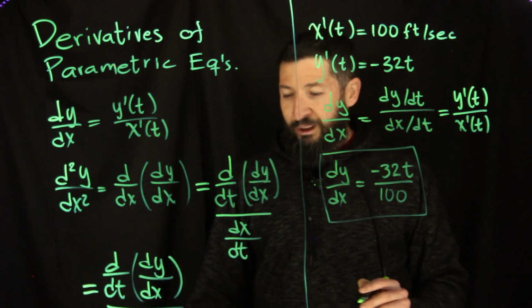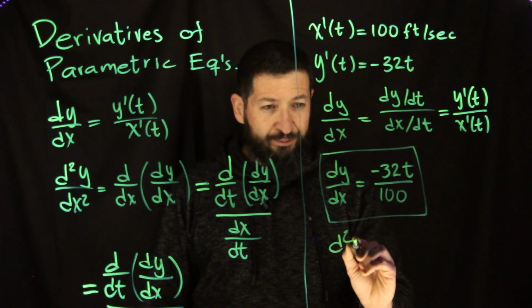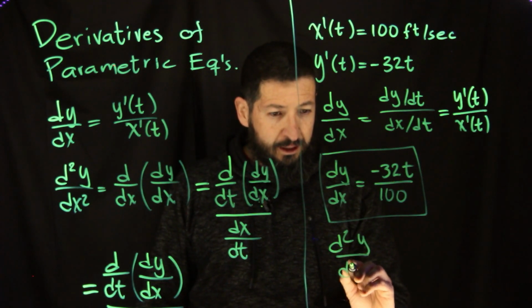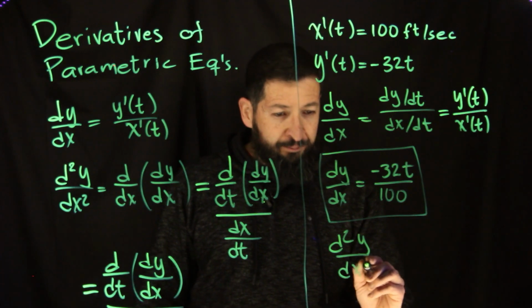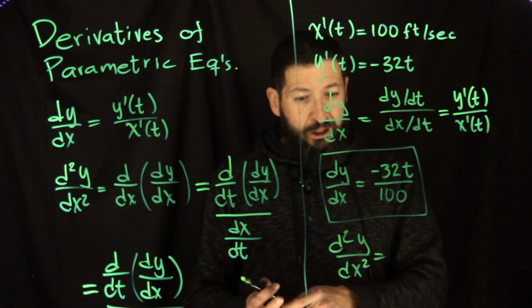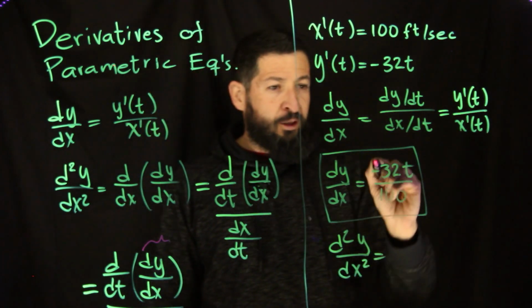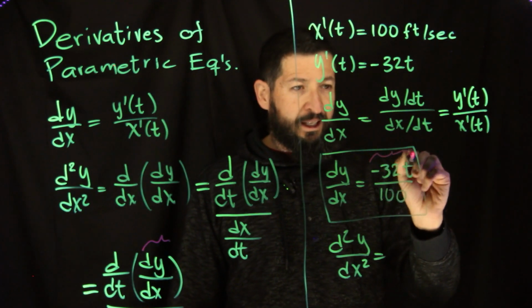So let's go ahead and do it for this example real quick. So if we wanted to take the derivative squared, I'm going to take the derivative of this expression with respect to t. So you see this expression here is going to be the derivative that I have here.